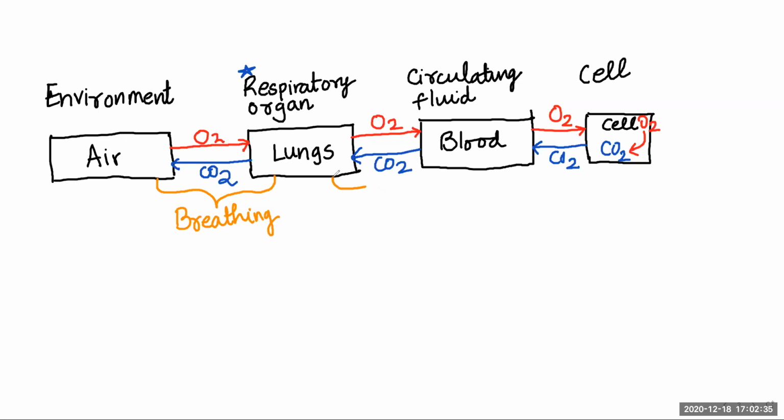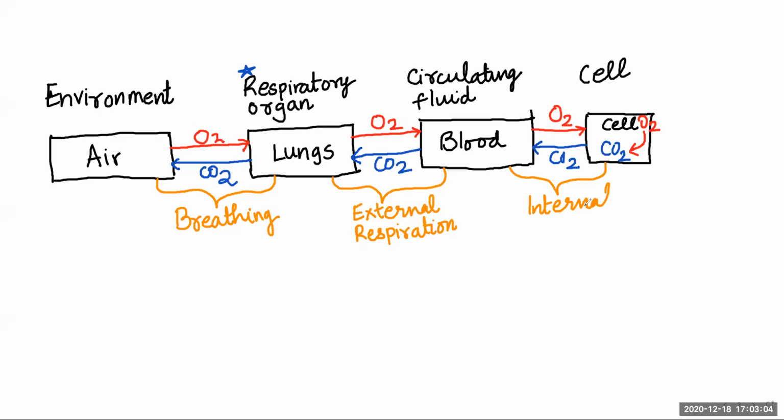Then there is an exchange of gas between lungs and the blood. This exchange of gases between lungs and blood is called external respiration. There is also exchange of gas between blood and cell, blood and tissues.